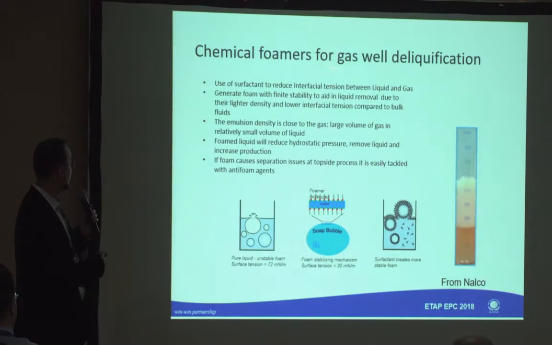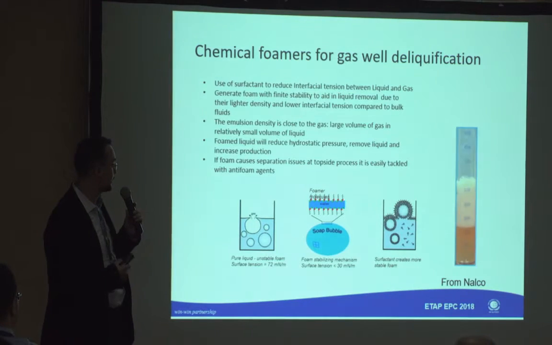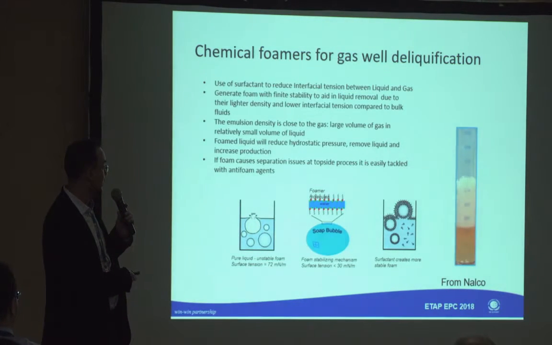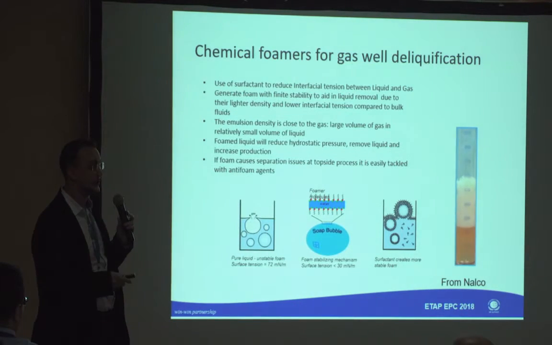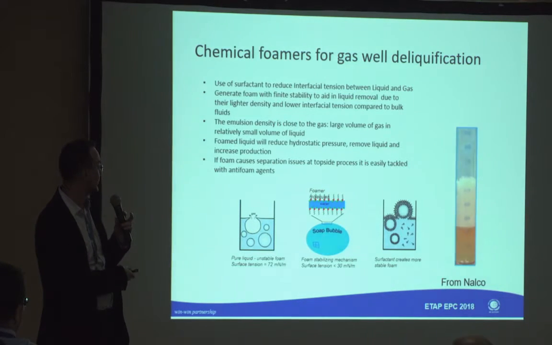So to talk a bit about the foamer, what does the foamer do? The foamer will reduce the surface tension between your gas and your liquid phase, creating some foam, like with soap, liquid soap. It's basically a fancy soap that you use in our well. So it's the same concept.